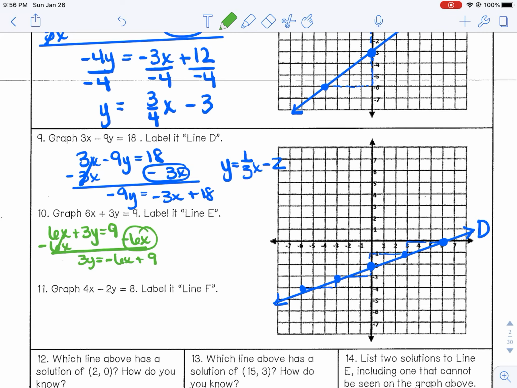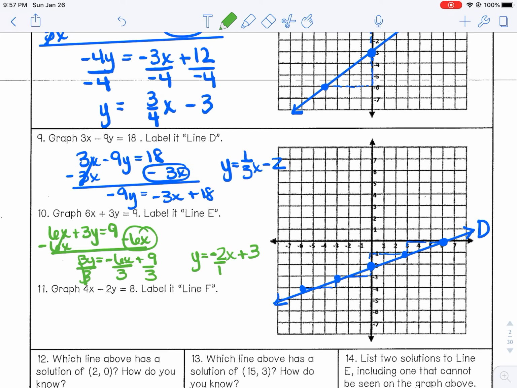And then the second step says multiply or divide by the coefficient of y. And I'm left with y equals, let's see, negative 6 divided by 3 is a negative 2x, and 9 divided by 3 is 3.